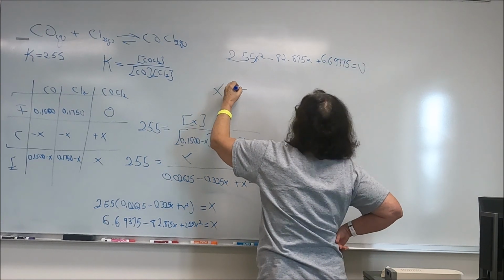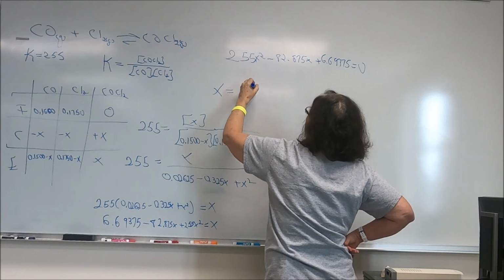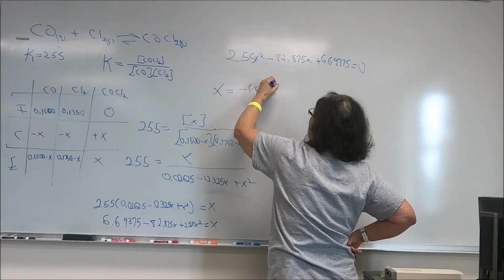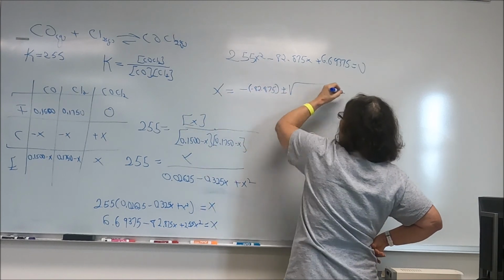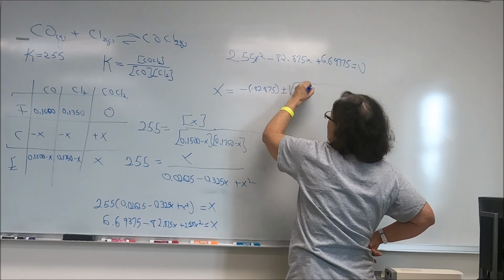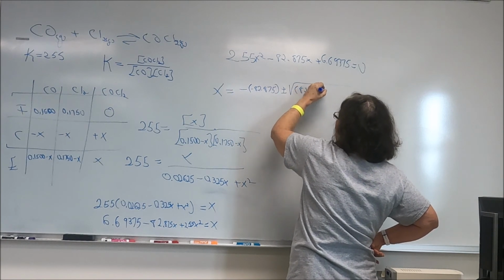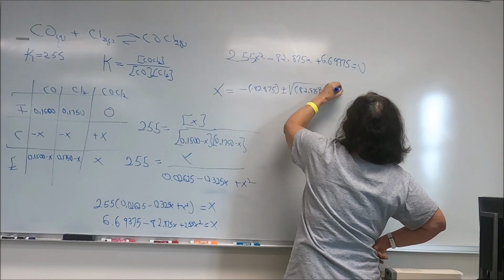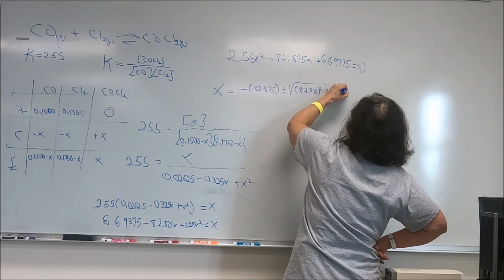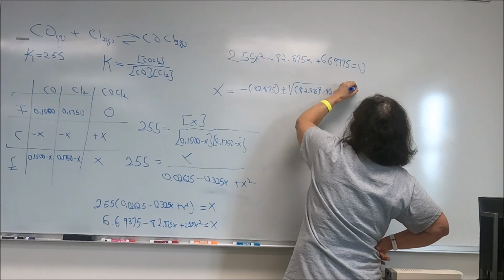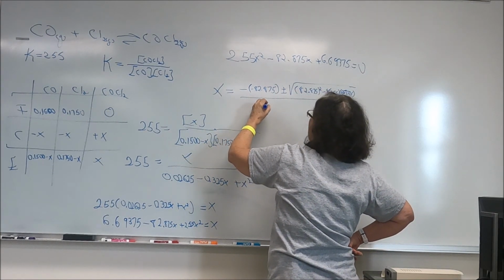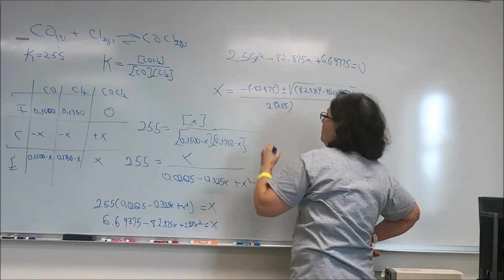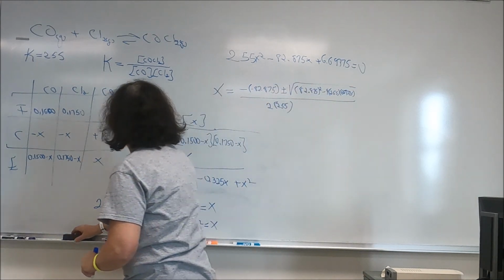So x is going to equal a negative 82.875 plus or minus the square root of 82.875 squared minus 4 times 255 times 6.69375 all over 2 times 255. Okay, so I'm going to get two solutions here.